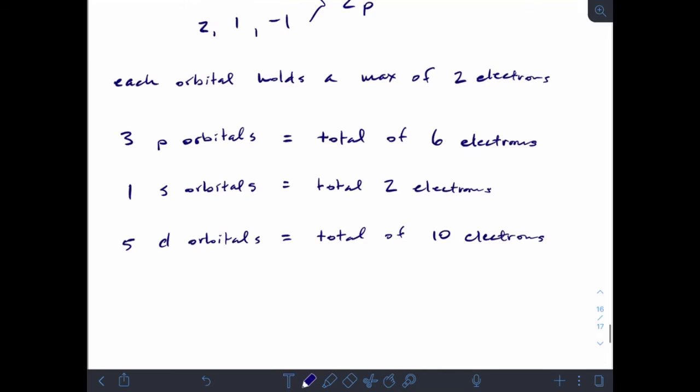And for f orbitals, there's 7. So I'll hold a total of 14 electrons. All right, and we'll get more into how the electrons fit into the orbitals and how things are arranged with the periodic table. It's all wonderfully organized.